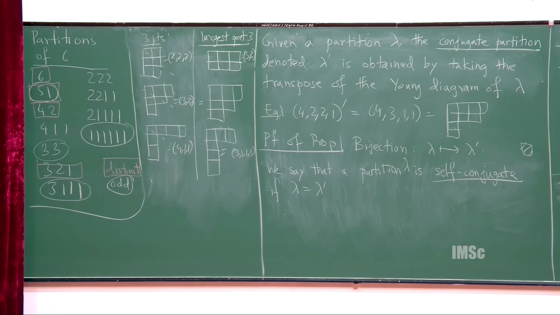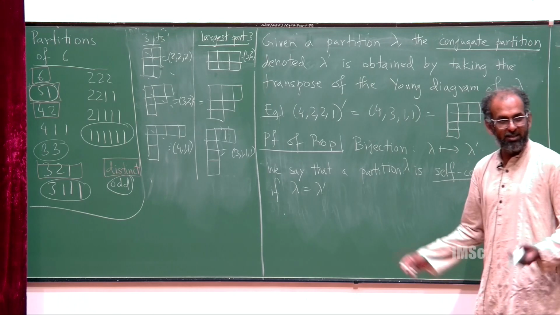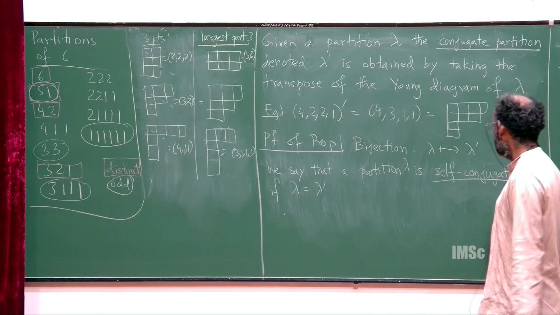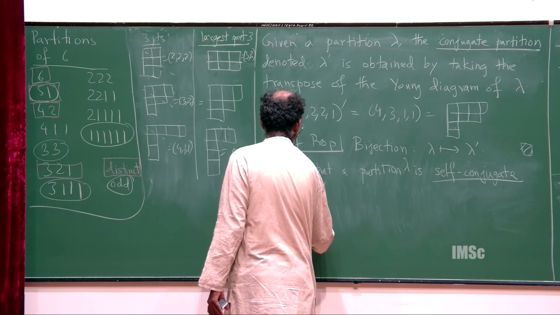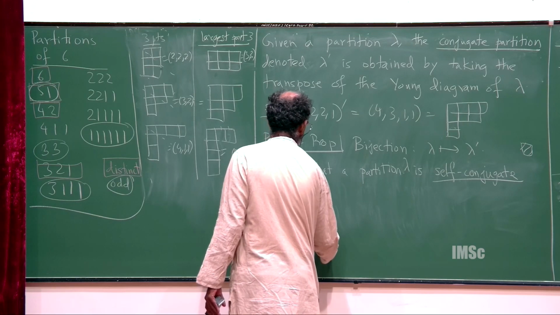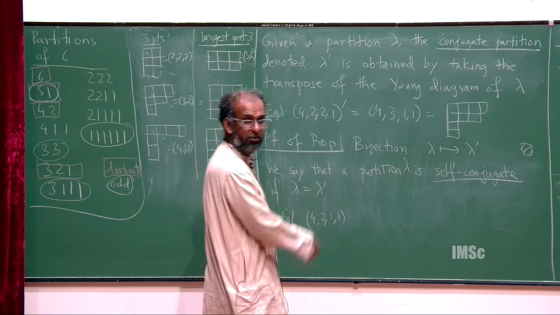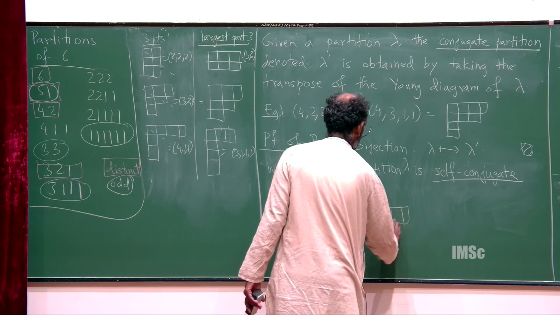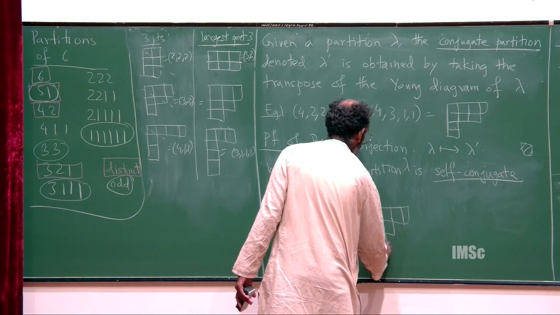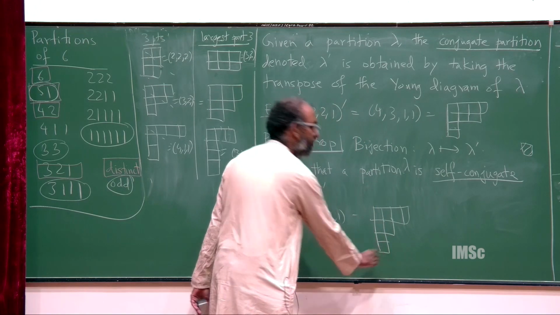But you might be worried that there are no other self-conjugate partitions. So one example of a self-conjugate partition is 4, 2, 1, 1. Not 4, 2, 2, 1, but 4, 2, 1, 1. So let's draw it. 4, 2, 1, 1. Right?